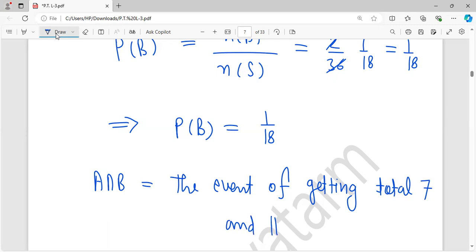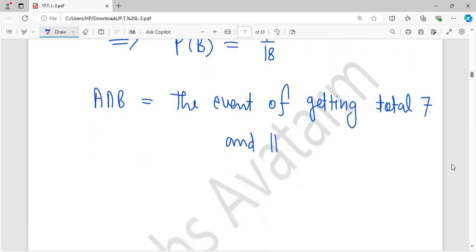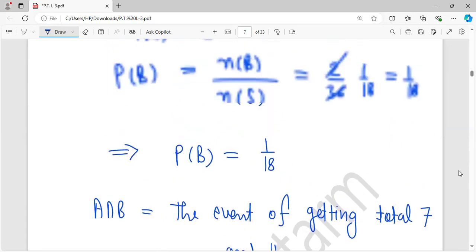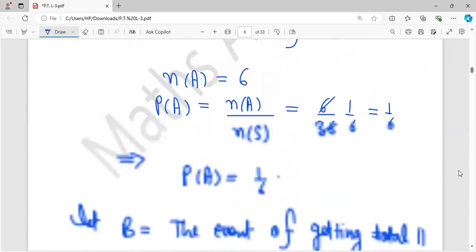So tell me what is this? We are finding the event of getting a total of 7 and 11. It is not possible. You take an ordered pair, if their total is 7, then it cannot be 11. If their sum is 11, then it cannot be 7. So this event is nothing but phi. A is this set and B is this set.